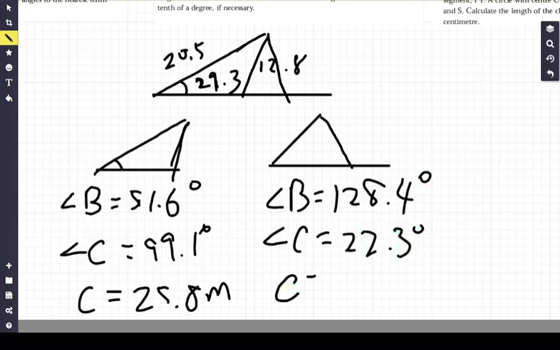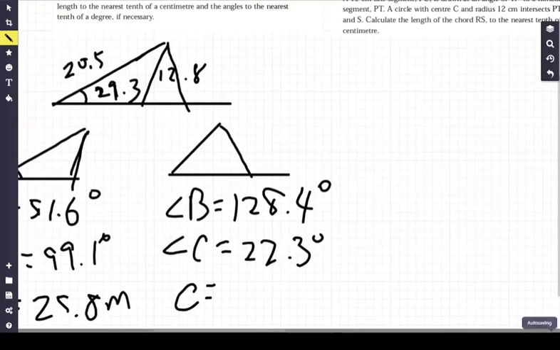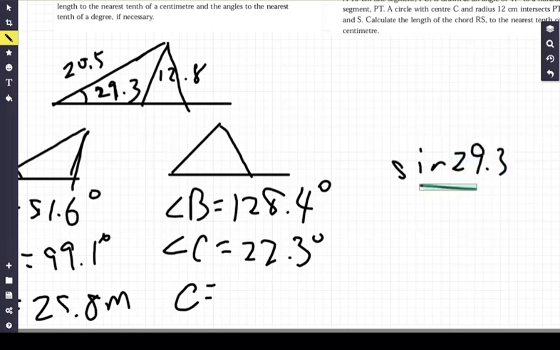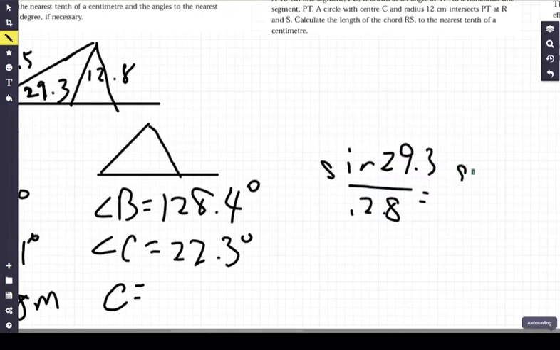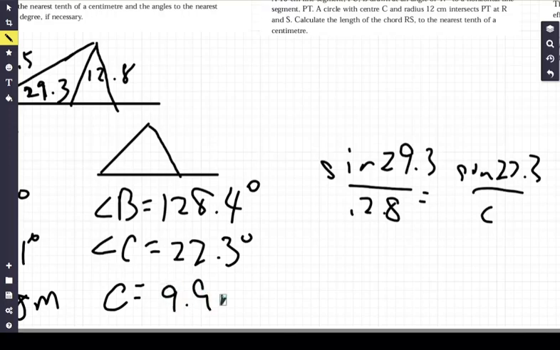Now we're going to find side C. Sine of 29.3 over 12.8 is equal to sine of 22.3 over C. Sine of 22.3 degrees times 12.8 divided by sine 29.3 degrees. It's going to give us 9.9 meters.